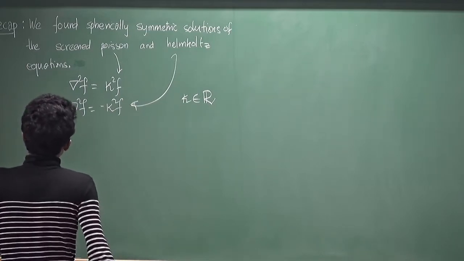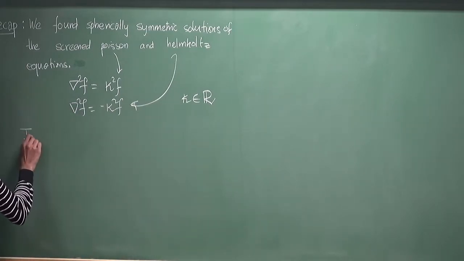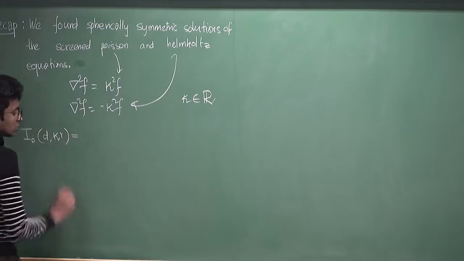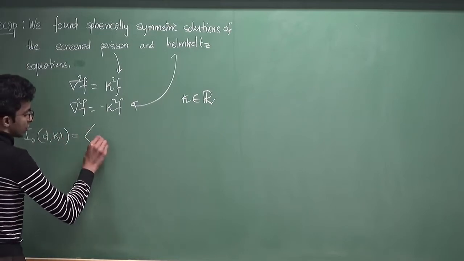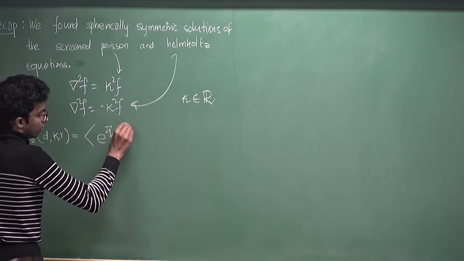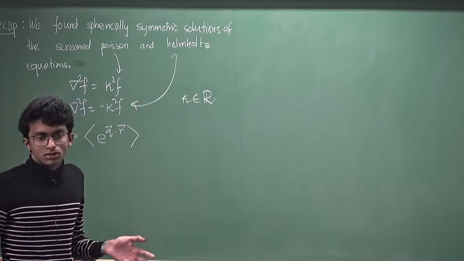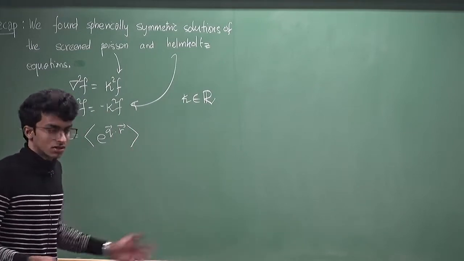So we found that I naught of d comma kappa r is equal to the spherical average of e to the q dot r, where q is ranged over a sphere of radius kappa in d minus 1 dimensions.